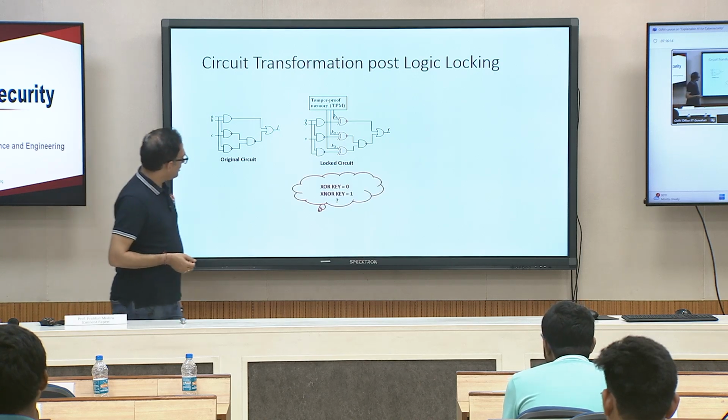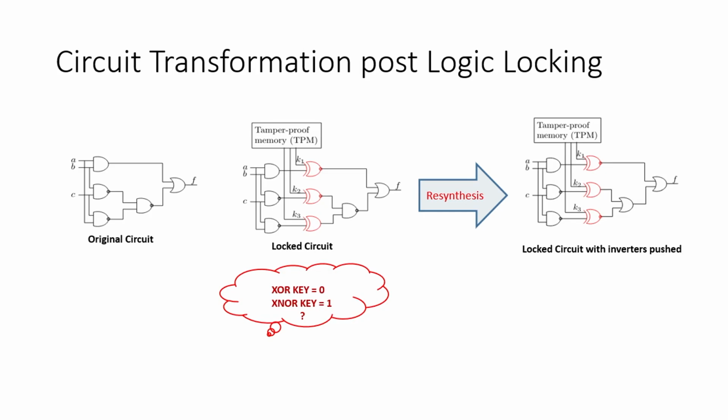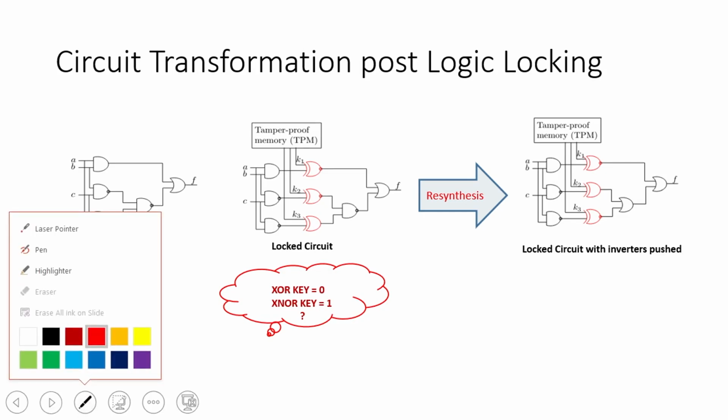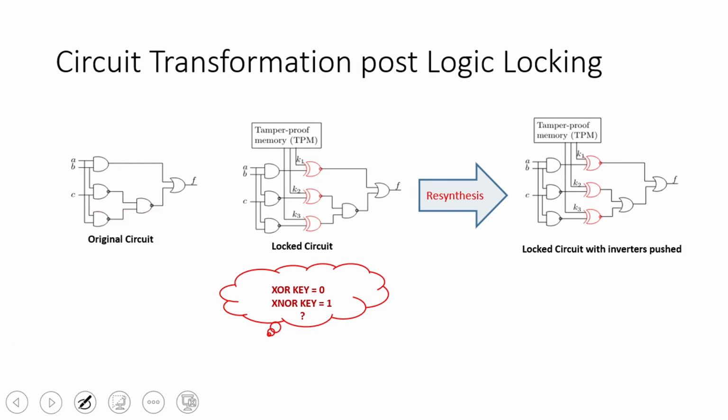What is happening is this, as I have already discussed: you have the original circuit, you apply random logic locking, and then you do resynthesis, which will make some impact. Resynthesis means XOR becomes XNOR, XNOR becomes XOR and so on, and some gates might change a little bit. A NAND gate becomes a NOR gate, basically because of bubble pushing.